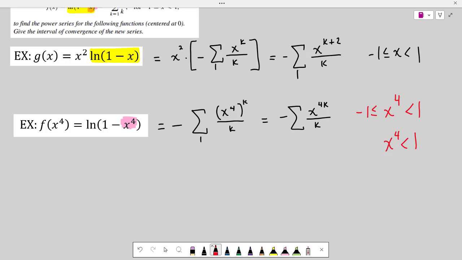So for that to be true, here's the step that gets a little funny. Our conclusion is going to be this. If you want to think about graphing, here's one way to think about it. We are graphing the function y equals x to the 4th.